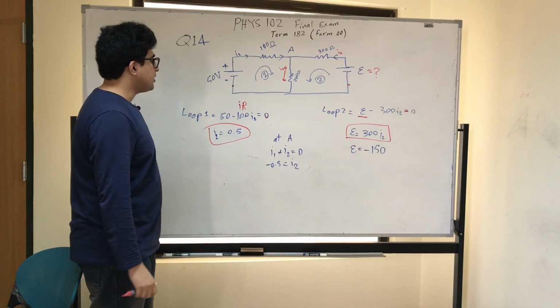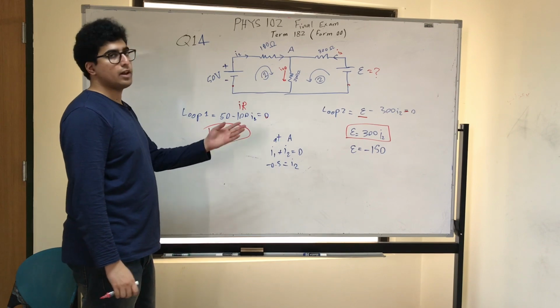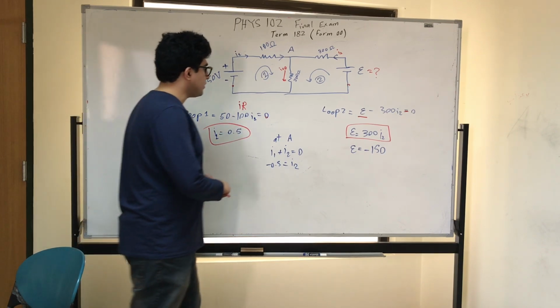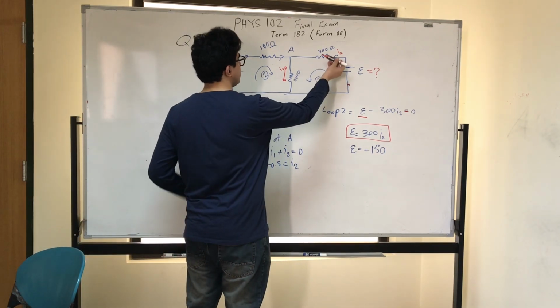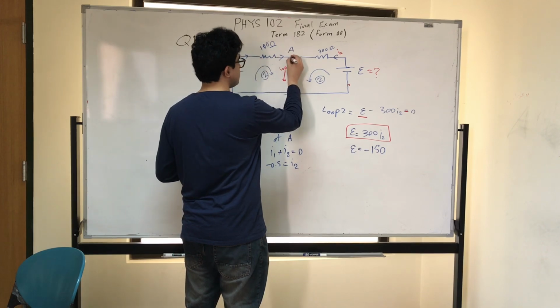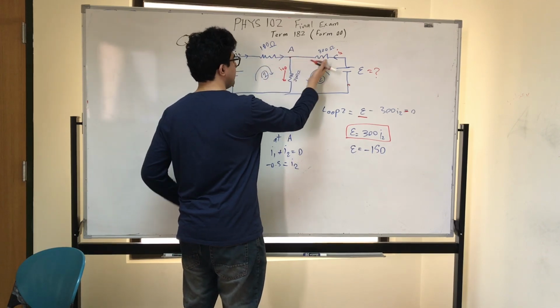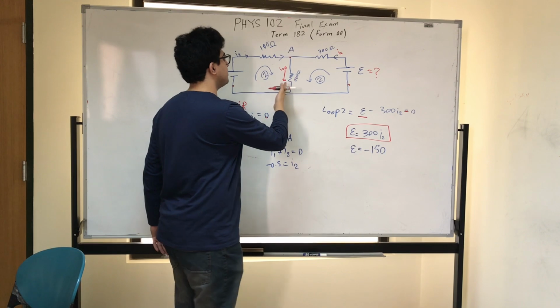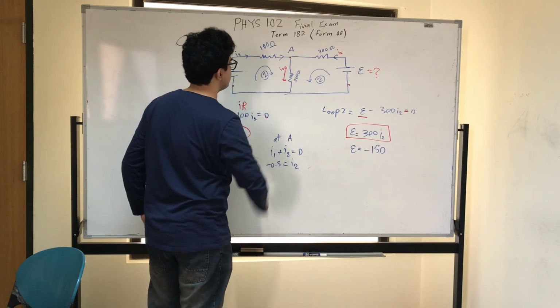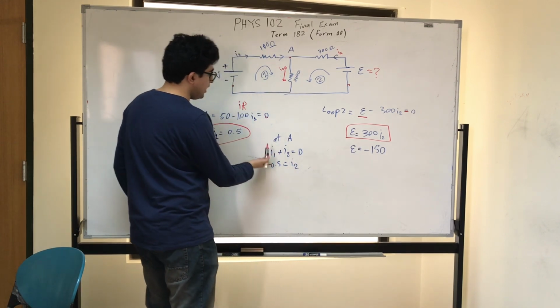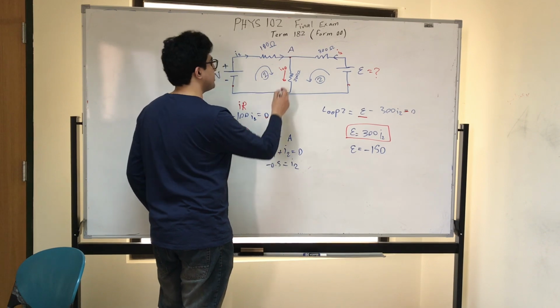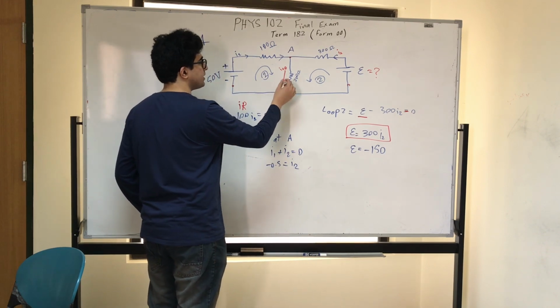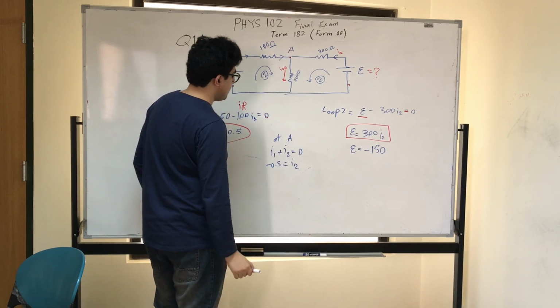Okay, so how can we know what is the value of I2? We know that these two currents are meeting in this junction, and therefore their sum must be equal to the current in this branch of the circuit. So I1 plus I2 must be equal to 0, because we know from the question that the current in this branch is just 0.